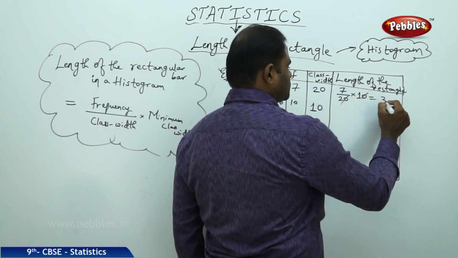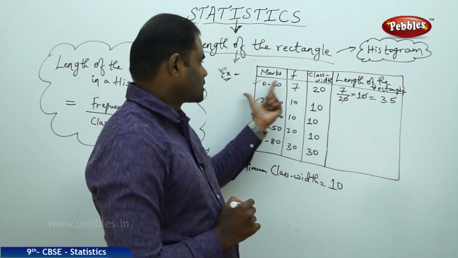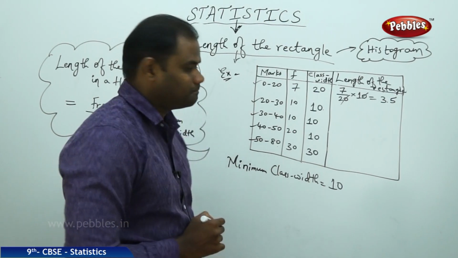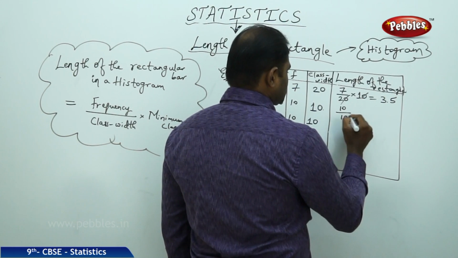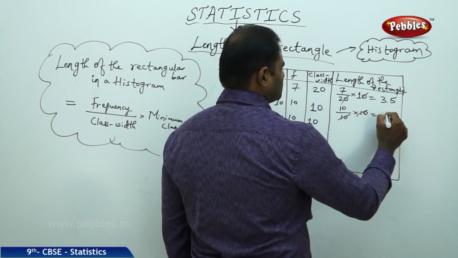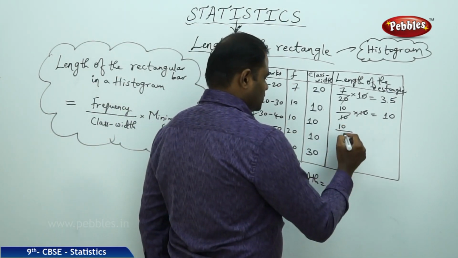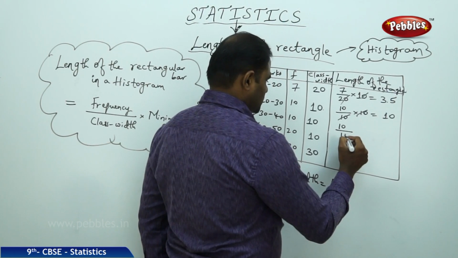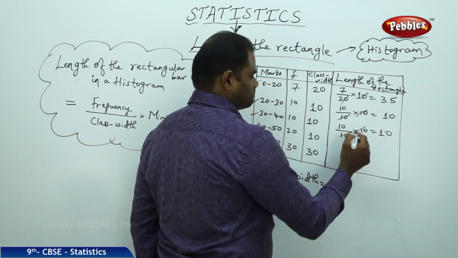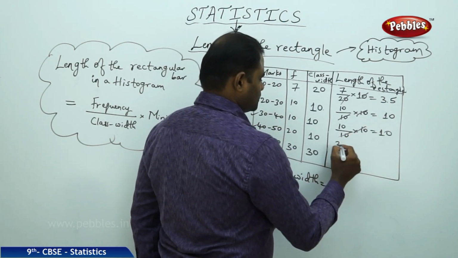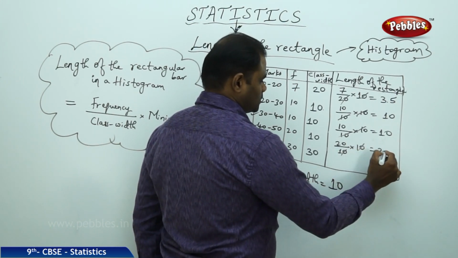Proceeding here, 7 by 2 is 3.5. So the length of the rectangle for the first class interval is 3.5. Similarly, for the next, frequency by class width into minimum class width is 10. And for the third, it is 10. And here the frequency is 20.